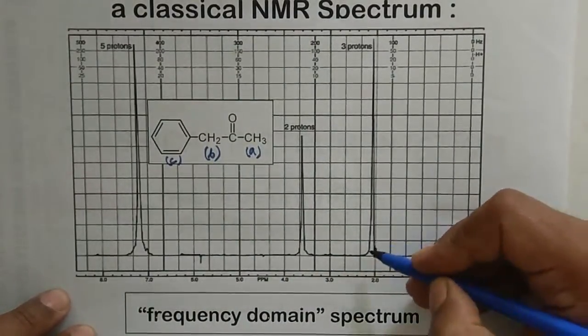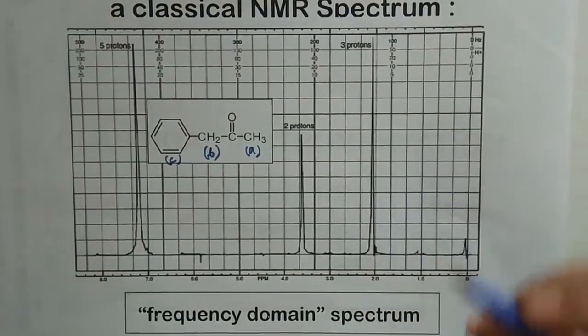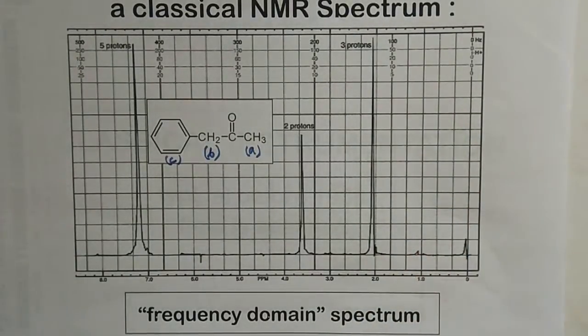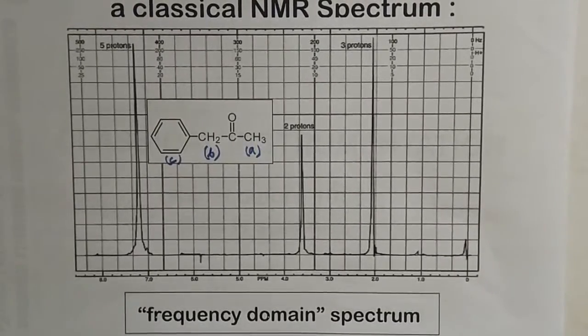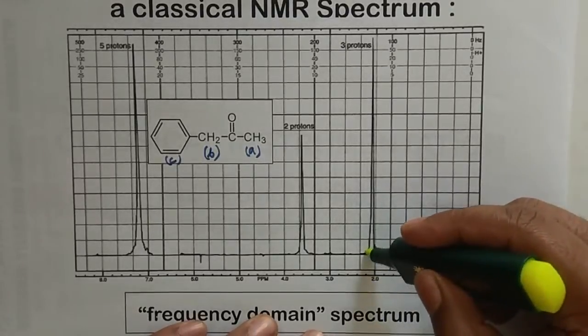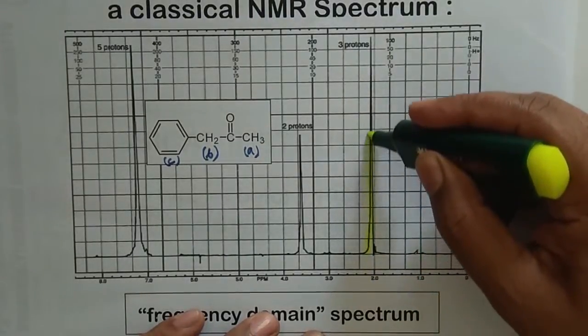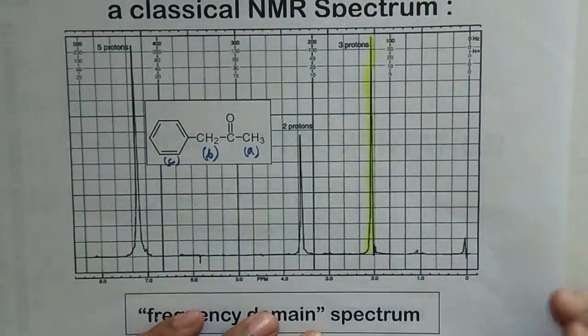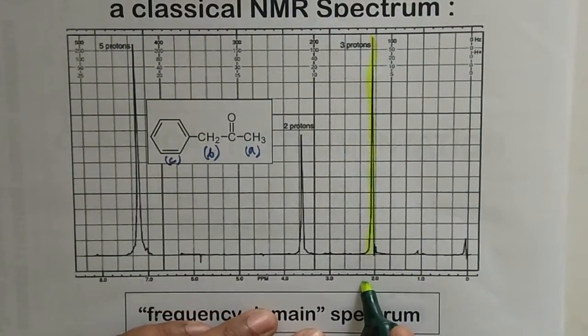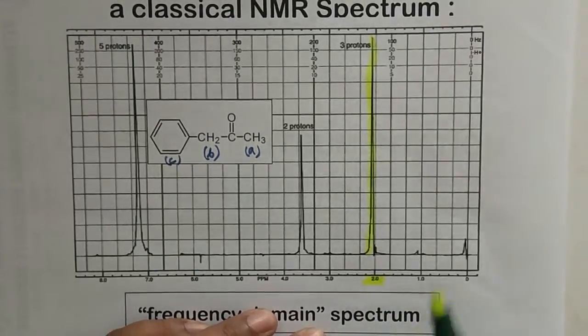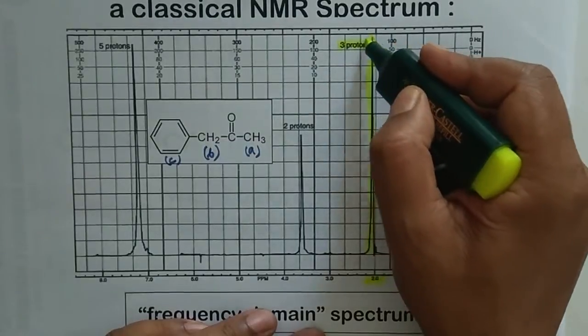Of course I am getting the NMR signal here. If it is not clear to you, I can highlight this in that manner. From here you can see this is your first signal, and the chemical shift of this particular signal is 2.0 or 2.1, which I have written. And you can see the three protons are written here.